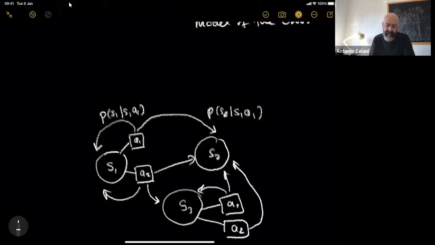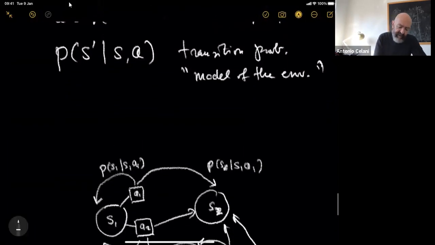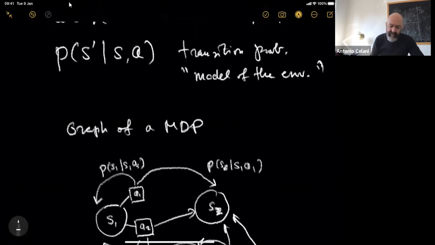You see, eventually all this process ends up in S2, which might be a terminal state. So everything dies in that state, or there might be situations when everything is recurrent, it moves around restlessly. Okay. So it's useful to keep in mind this idea of a graph of a Markov decision process.